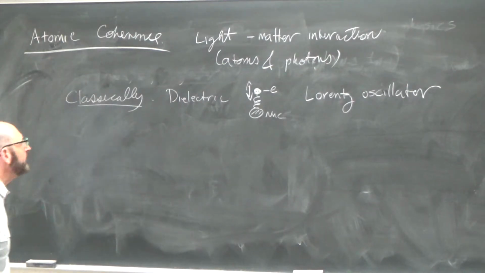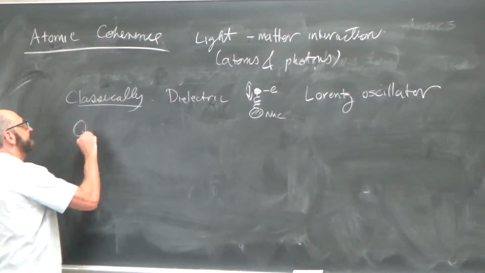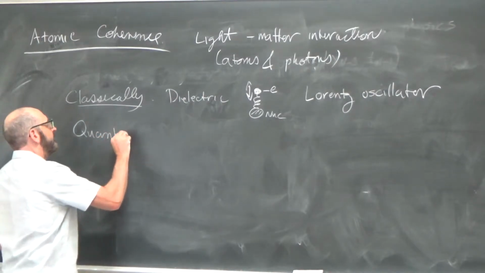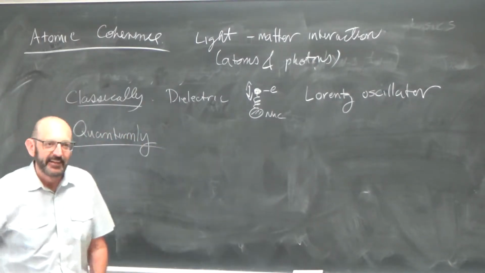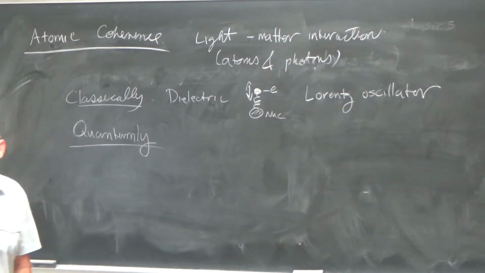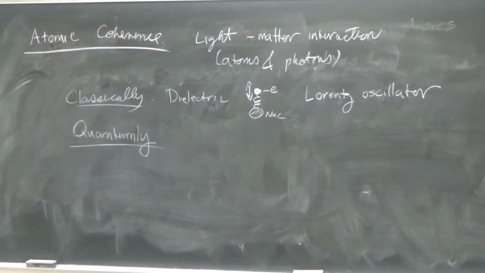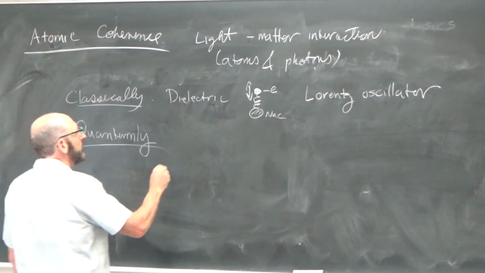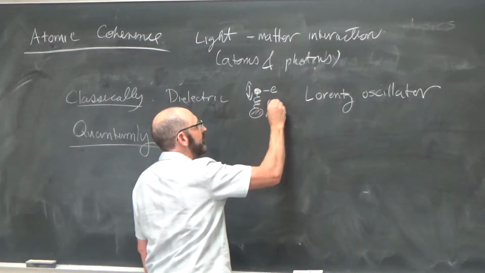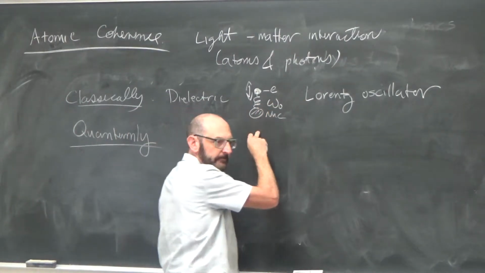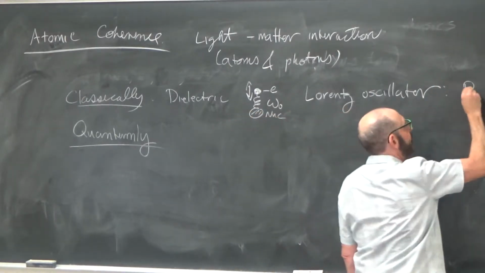Now, quantumly, and if classical can be an adjective, so can quantum. The idea of a Lorentz oscillator is I have a resonance, right? I have a spring. I have a resonance frequency.